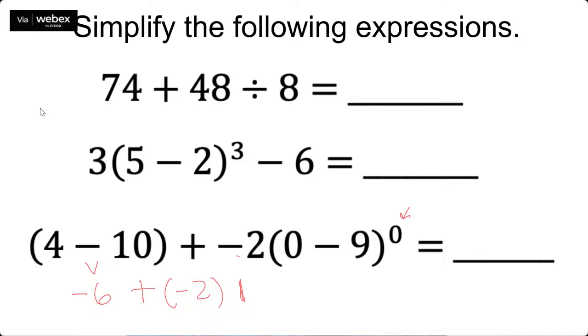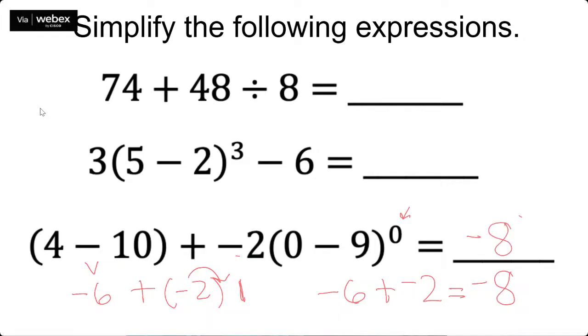Now I can continue to simplify. Negative 2 times 1 is going to give us a negative 2. So we have negative 6 plus negative 2. What is negative 6 plus negative 2? It's what the majority of you were saying, negative 8.